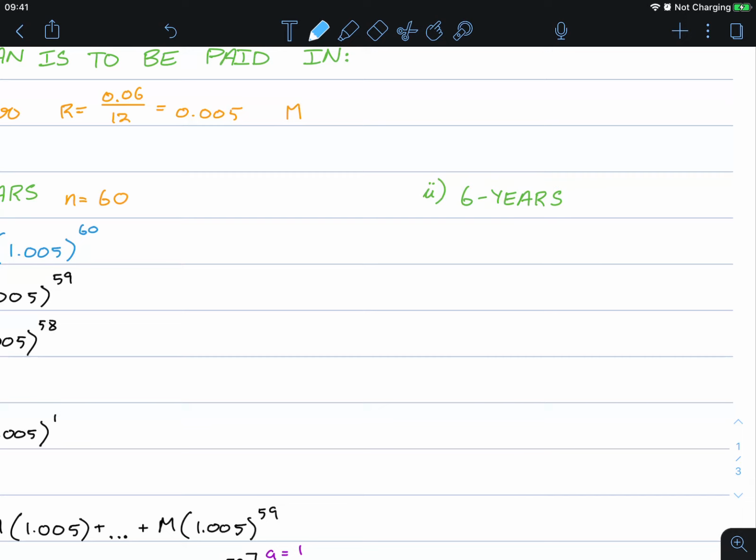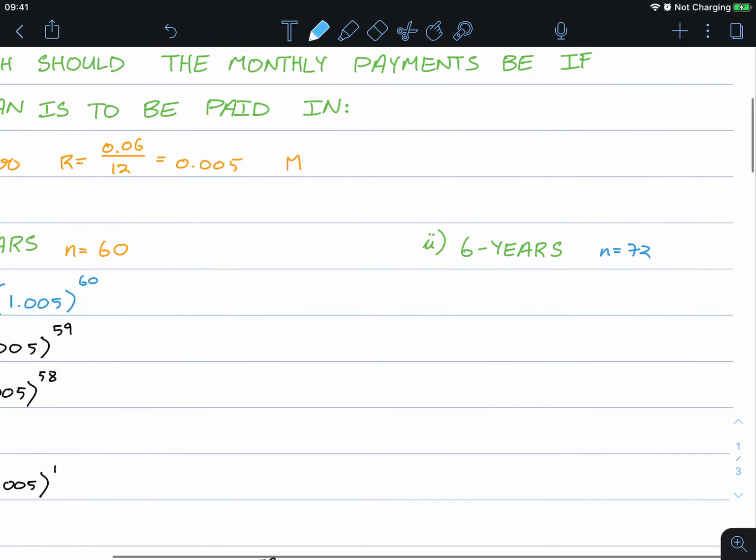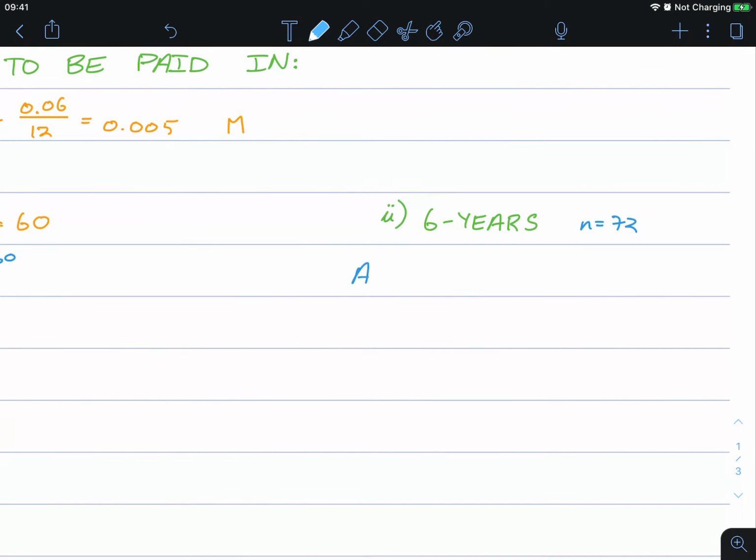6 years times 12 is 72, so n equals 72. We can still get the expression 10,000 times 1.005 to the power of 72.